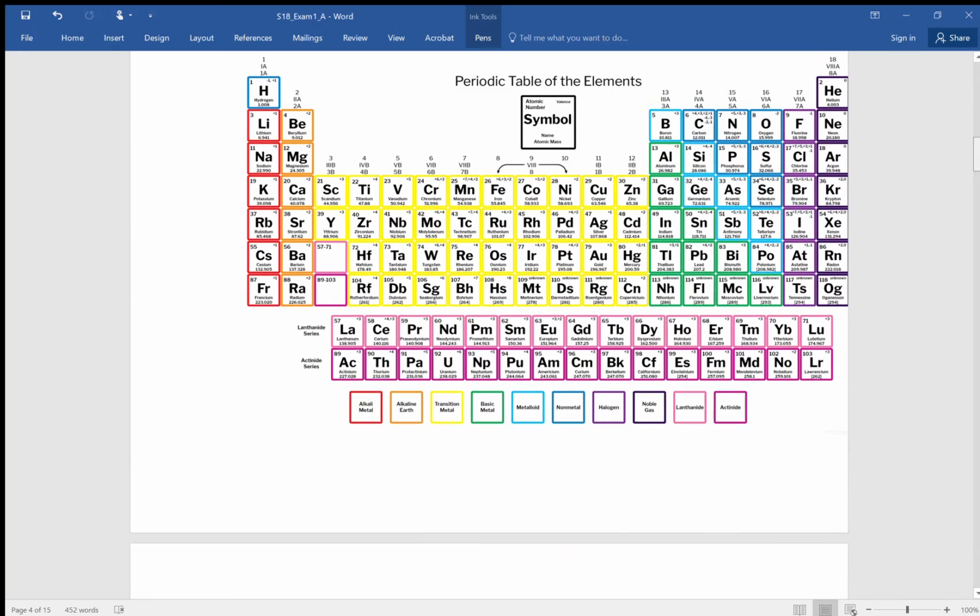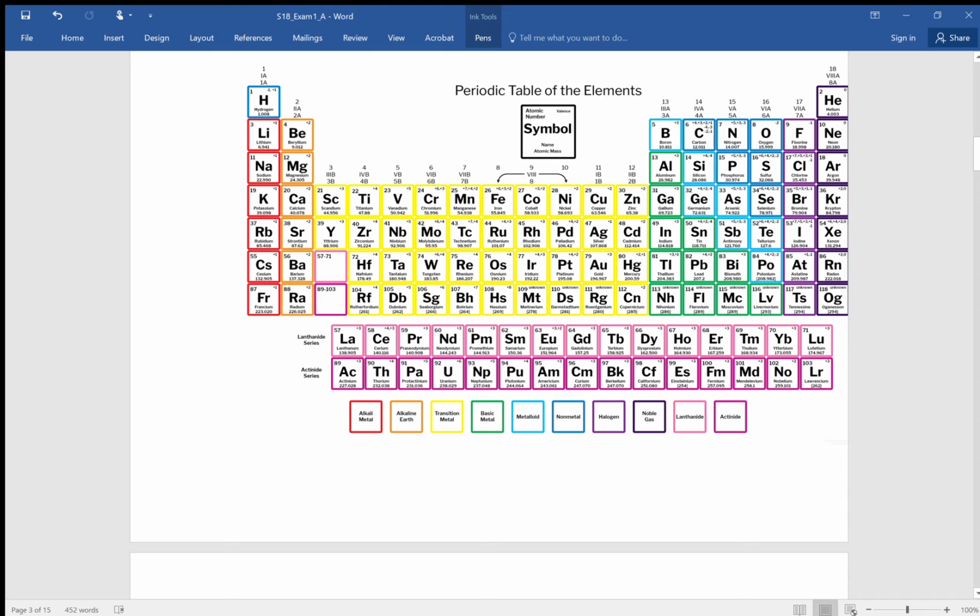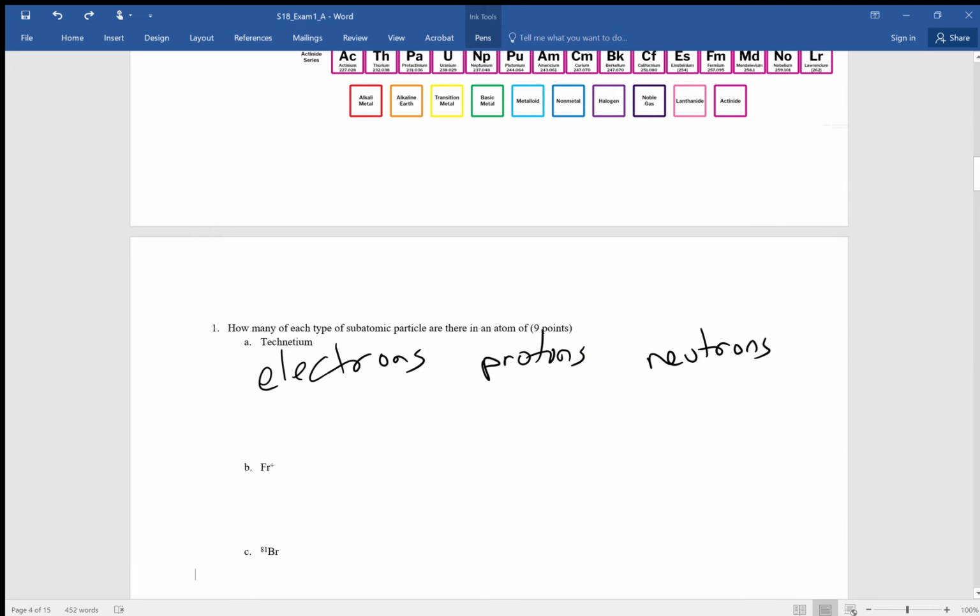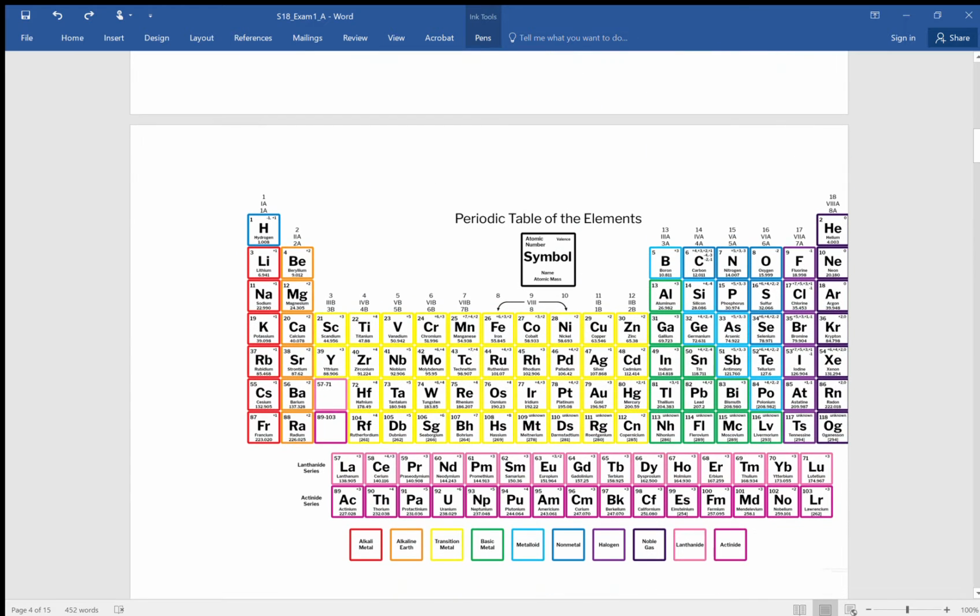By going up to our periodic table, we find this is element number 43. In addition to that, we find its molecular weight of 99.